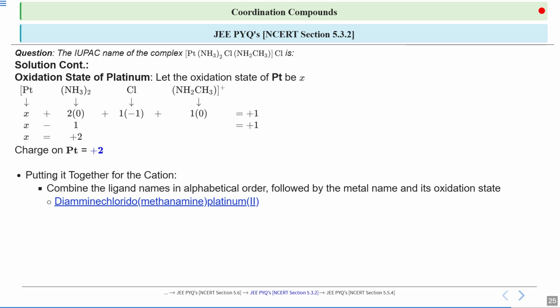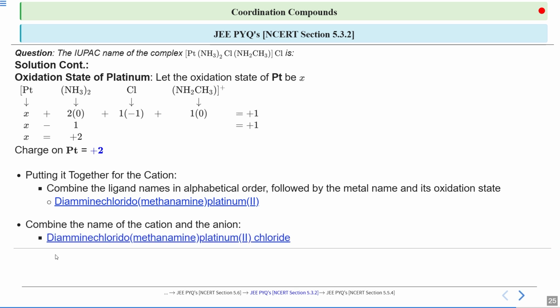Now we just combine the name of the cation and the anion to get the complex name. The cation name will come first and the anion name second. So the name of our complex is diamine chlorido methanamine platinum(II) chloride.